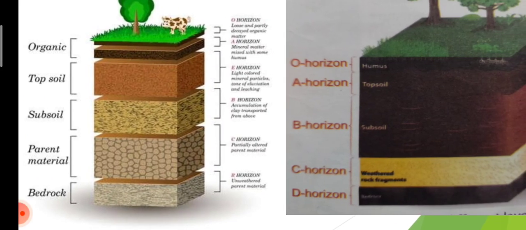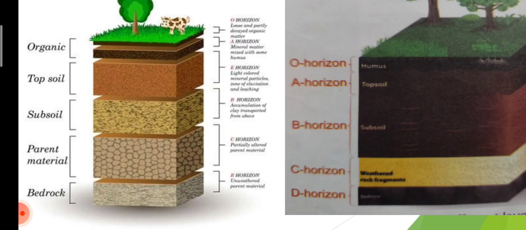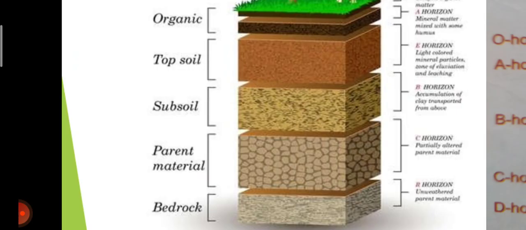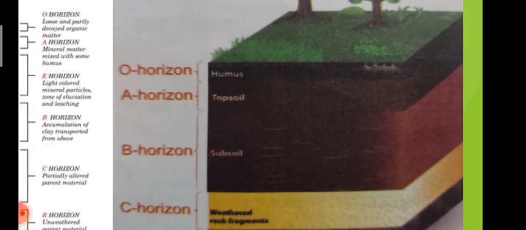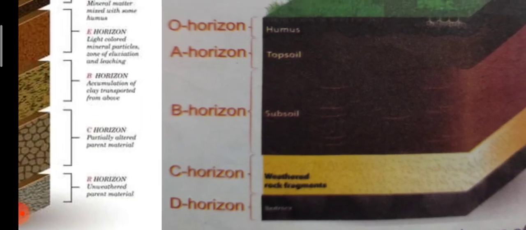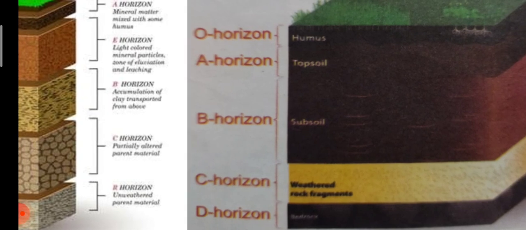Third is the C horizon. In the B horizon, there are also some weathered rocks, or the weathered soil of the topsoil. The C horizon is a totally weathered area.